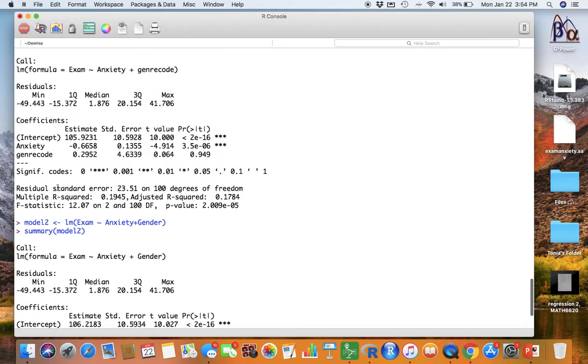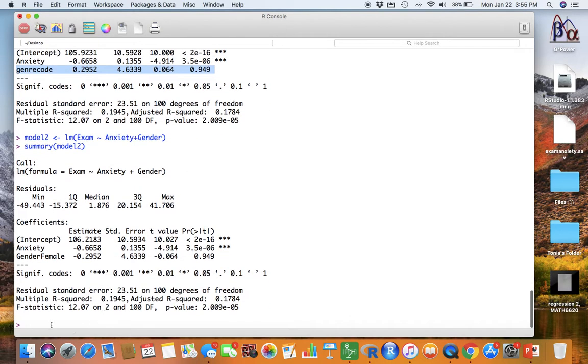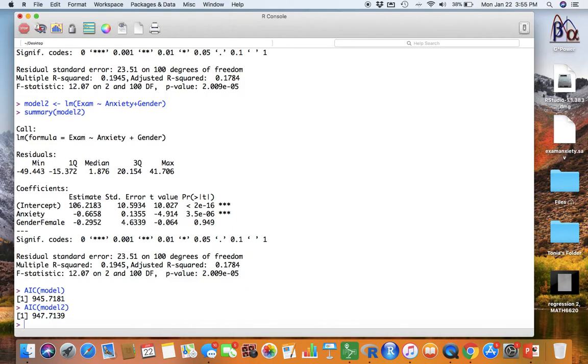So again, gender and anxiety. Notice it didn't change much. Gender is not statistically reliable. So we have a question now: does including gender do any good? Does it help us at all over just using anxiety? So I would like to look at my AIC for a model, and then my AIC for model 2.